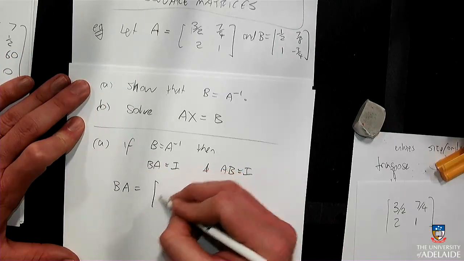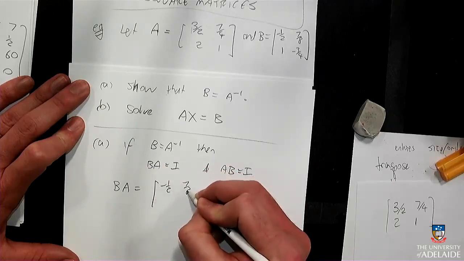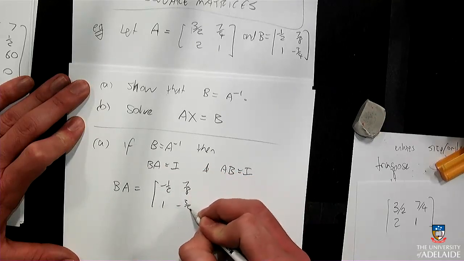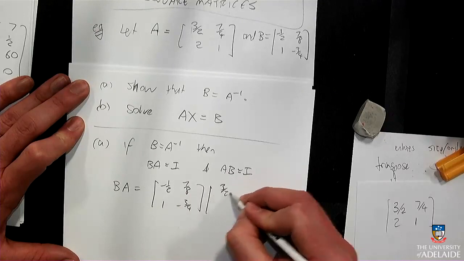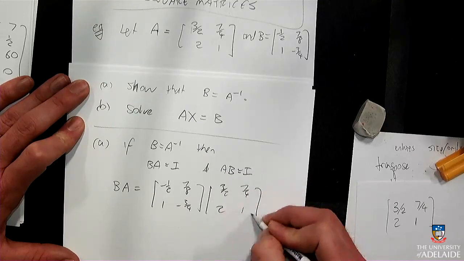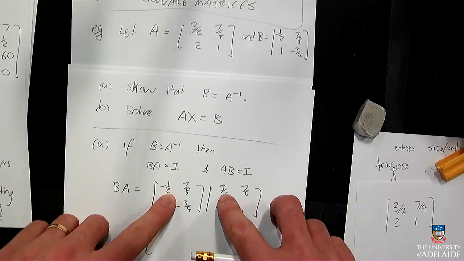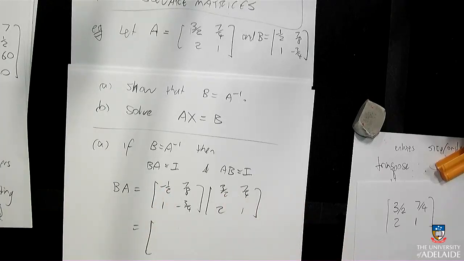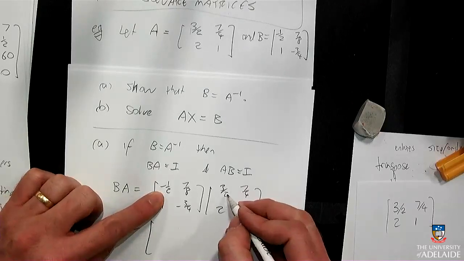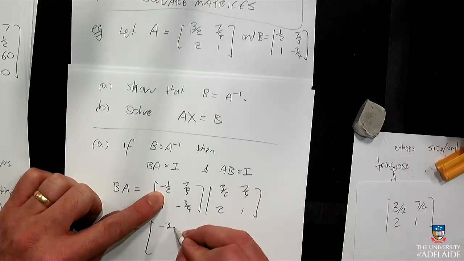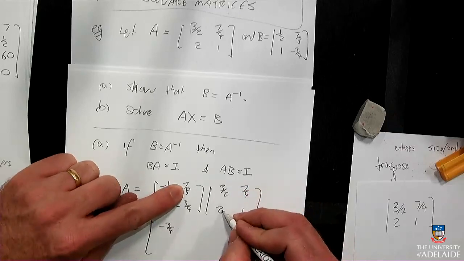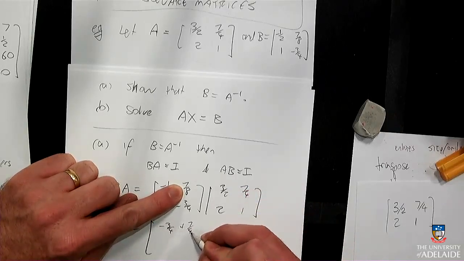BA is minus a half, 7/8, 1, minus 3/4, times 3/2, 7/4, 2, 1. I'm just going to write these down so that it's more forceful when it comes out to the right answer. Minus a half times 3/2 is minus 3/4. And 2 times 7/8 is 7/4.